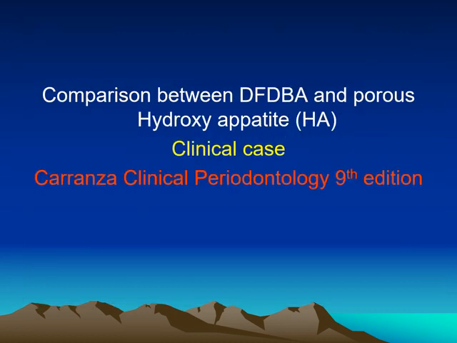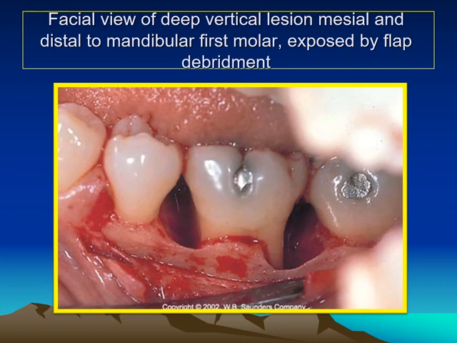The following case is a clinical case which shows a comparison between the decalcified freeze-dried bone allograft, which is osteoinductive, and the porous hydroxyapatite, which is osteoconductive. This is a facial view of a deep vertical defect.